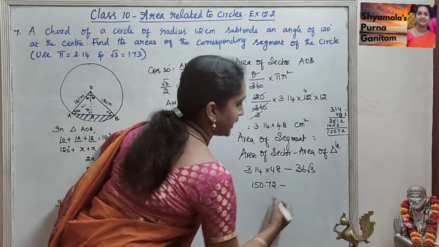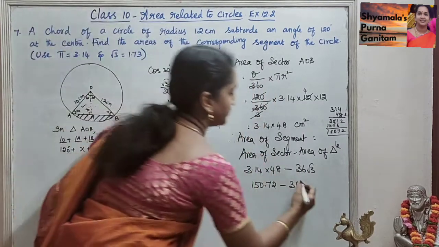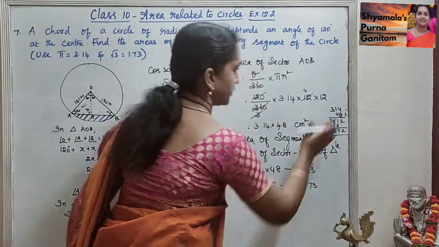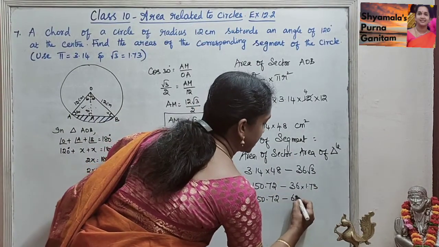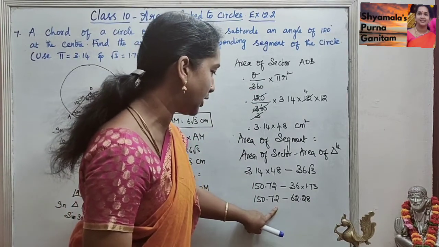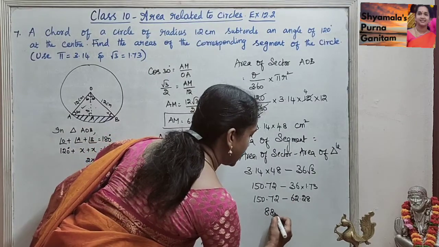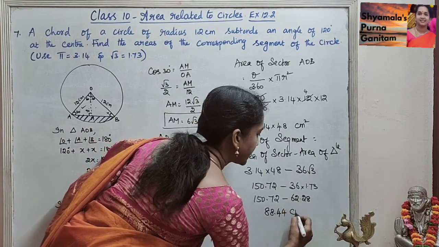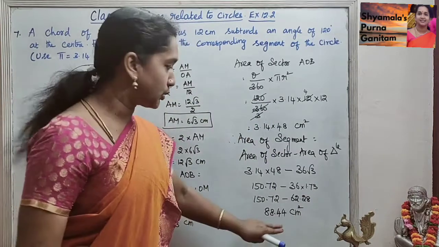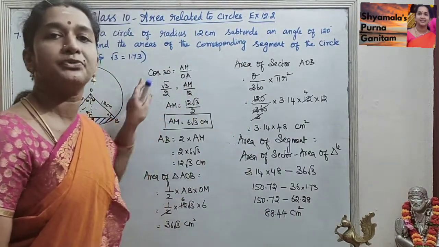We get it here, minus 36 into 1.73. When we multiply this, we get 62.28. Then when we subtract 150.72 minus 62.28, we get 88.44 centimeter square. So this is the area of the required segment of the circle.